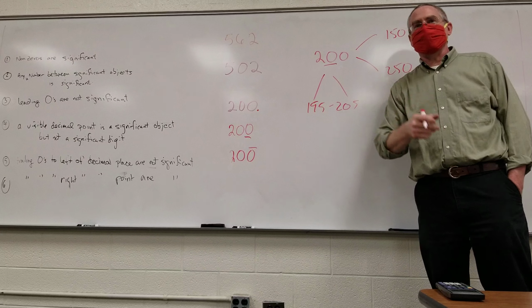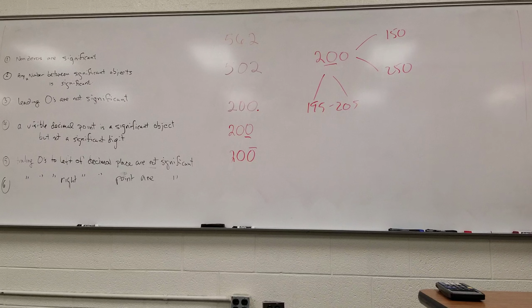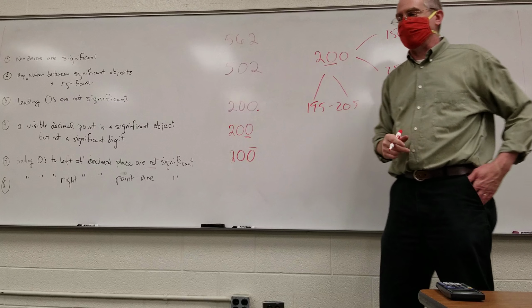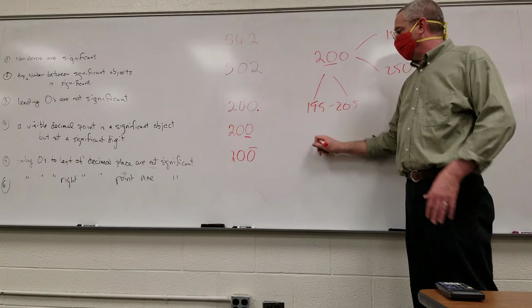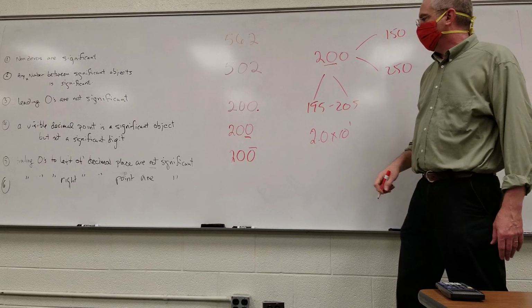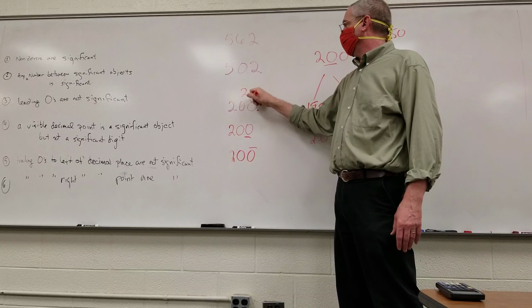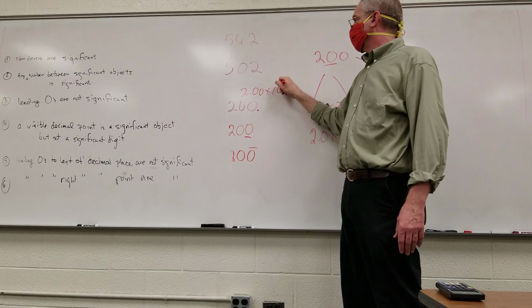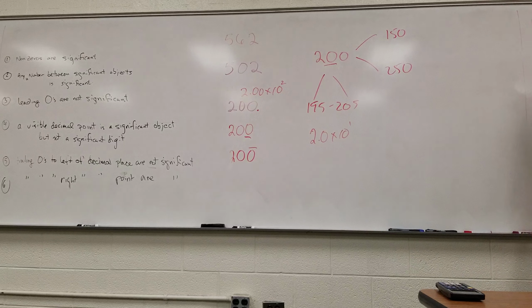The hand gesture was right. Now, another way of doing it is going to scientific notation. It's a little bit easier. I could also write this as 2.0 times 10 to the first, or this one as 2.00 times 10 to the second. And that also will give you the right number of significant figures.